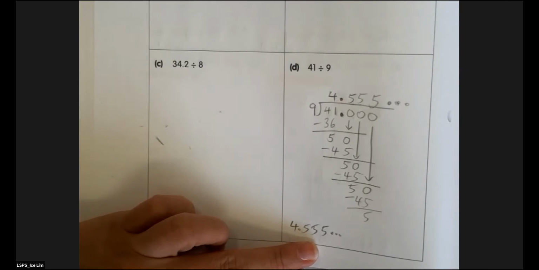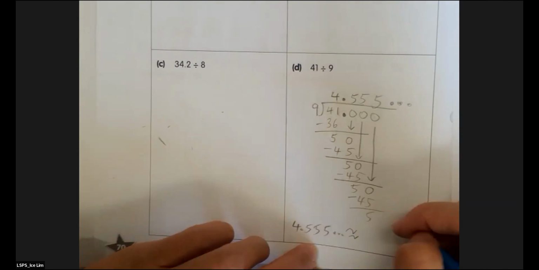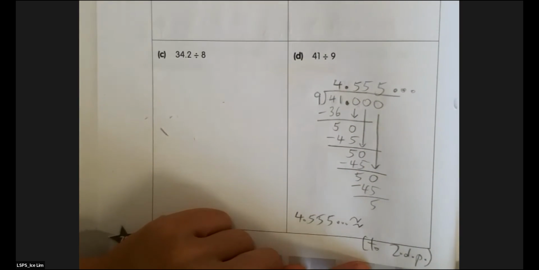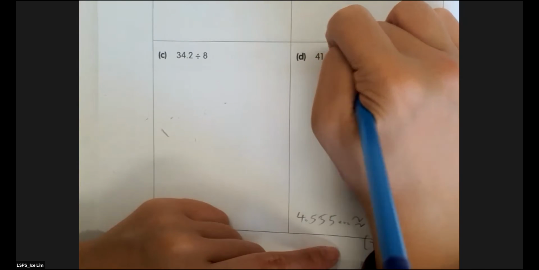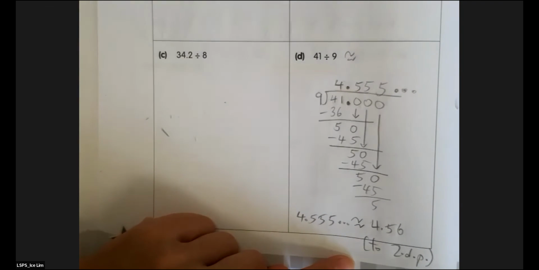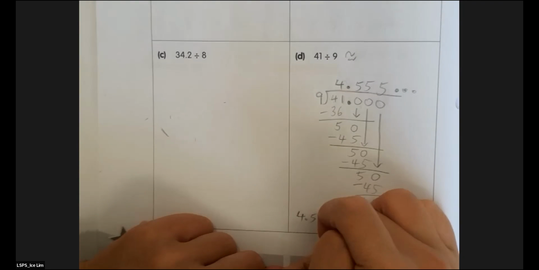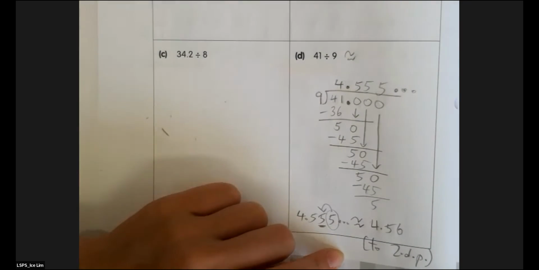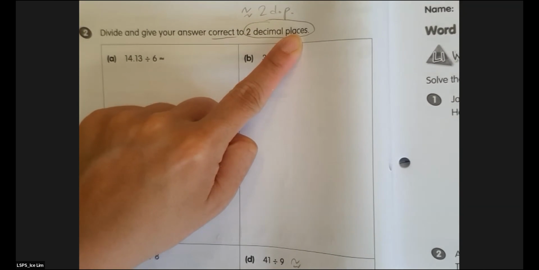3 decimal places, I need to round to 2 decimal places. So my answer will be 4.56, because the question asks for round to 2 decimal places.